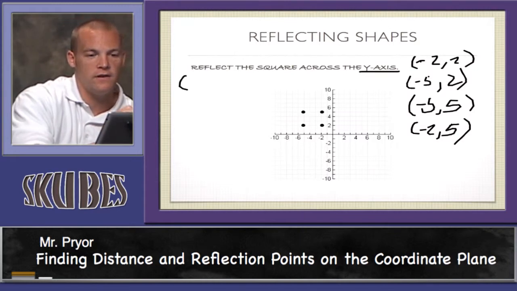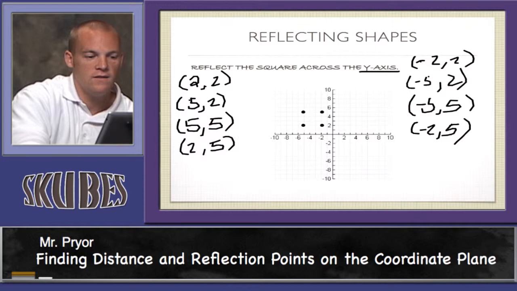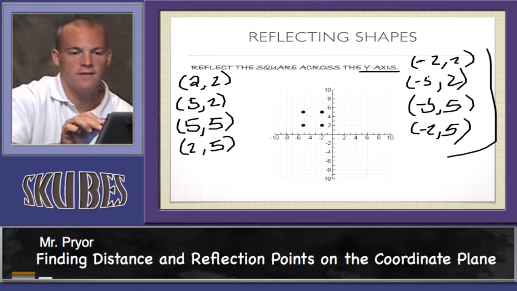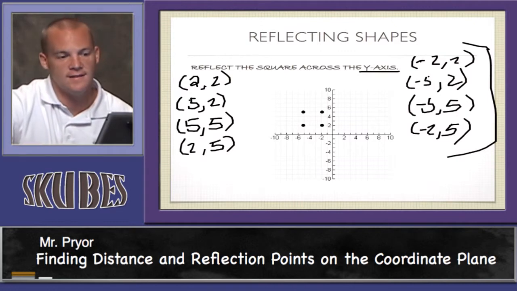So I'll do that off to the left here. So the first point then would become 2, +2. The next point would become 5, +2. Then 5, +5. And finally 2, +5. So you can see once you get all of your original points listed, if you remember what to do, it's not too bad because you're just changing signs and that's all.